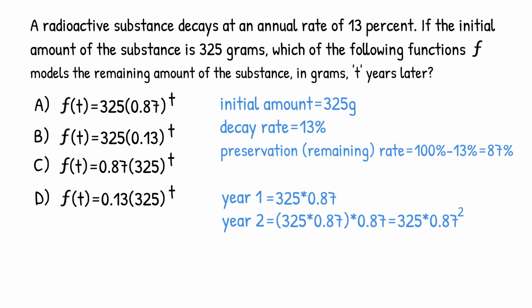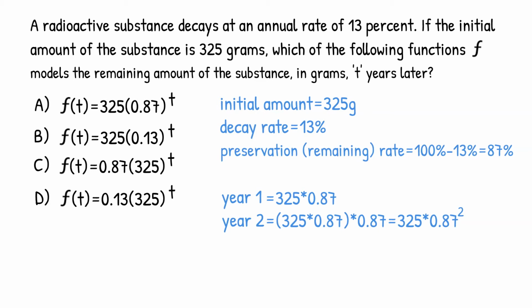Since the initial amount of 325 grams has been multiplied by the same number of 0.87 twice, mathematically it can be represented as 325 times 0.87 squared.